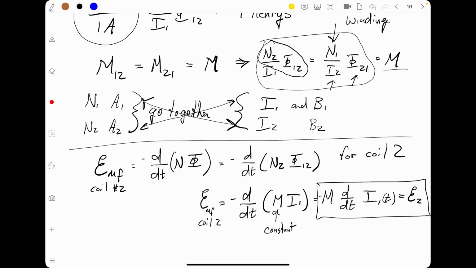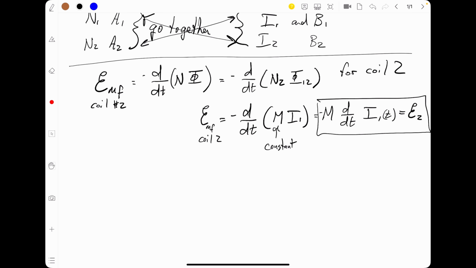Or we can do EMF 1. Same thing. We just say EMF 1 is equal to minus the same mutual inductance that we had, because this is the same old two things, and then we're just going to take the derivative with respect to time of the second coil's current.